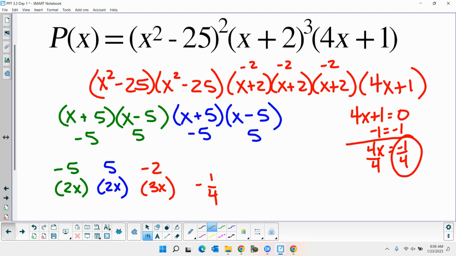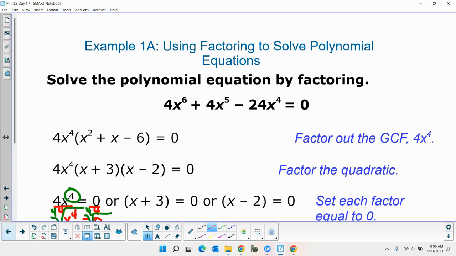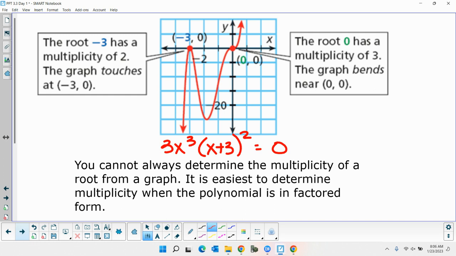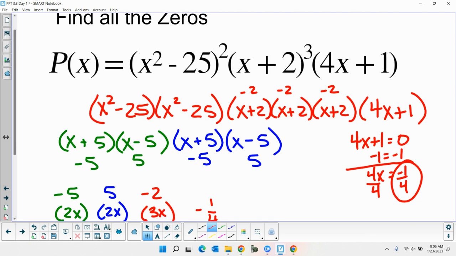Then tomorrow we'll look at a couple more examples and some more like this one. Today I kept it pretty basic. Some of the ones in your homework might not be factored all the way, so make sure it's all factored first before you find all the zeros.